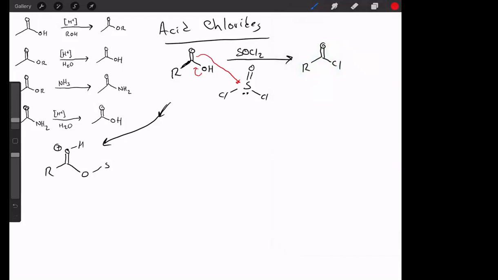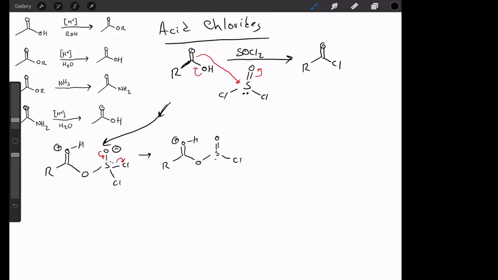Okay, and now we can push off a chlorine. I want to make sure that we're following along correctly in this mechanism.